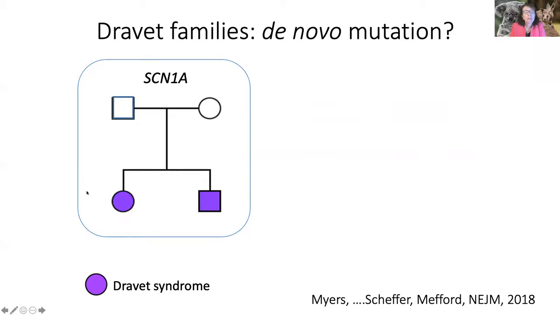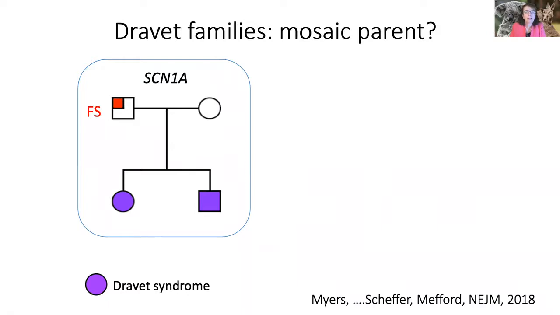One of the families that I look after had two affected children with Dravet syndrome, a girl and a boy. The girl has recently died of SUDEP, very sadly. By the time a family has two affected children, it's obvious that one of those parents must be harbouring this SCN1A mutation. There was a little more information in this family: the father had had febrile seizures as a child.